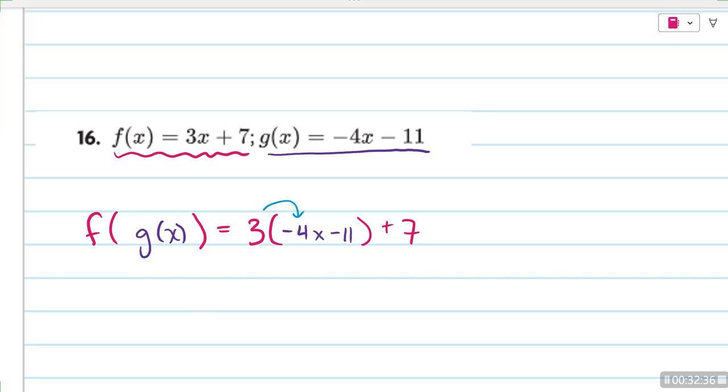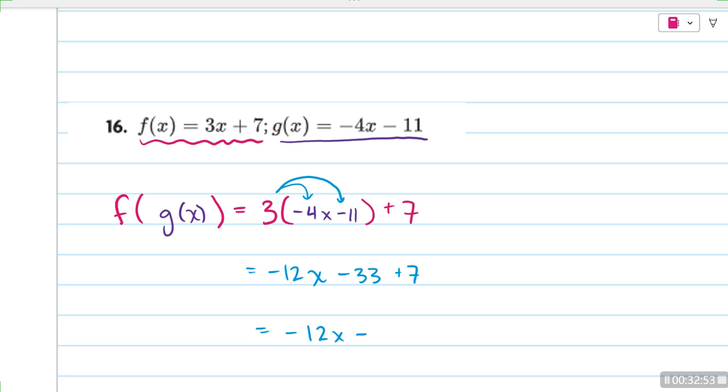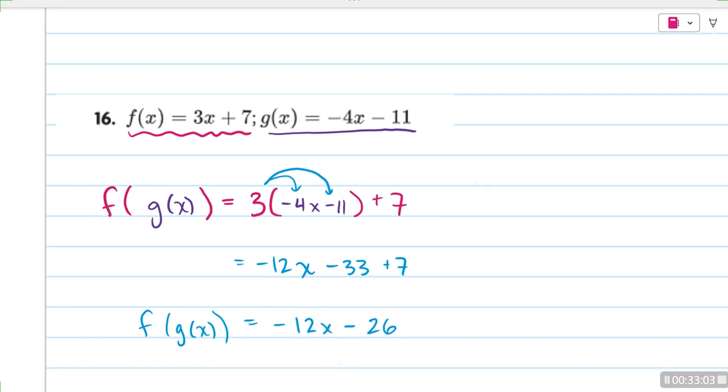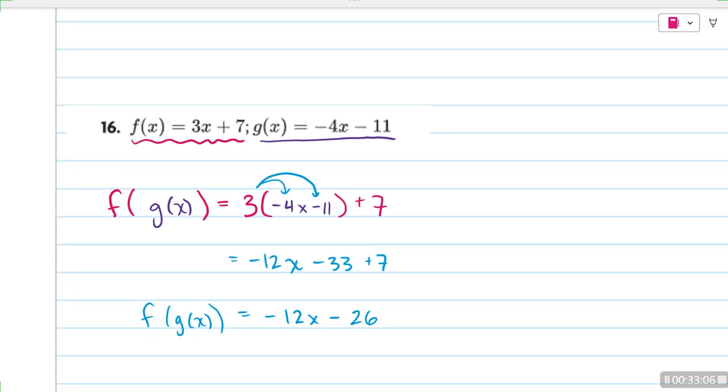So 3 times negative 4 is negative 12x, and 3 times negative 11 is negative 33. We have that plus 7 at the end. So this becomes negative 12x minus, well, negative 33 plus 7 becomes minus 26. Okay, there we go. So that is f of g of x.